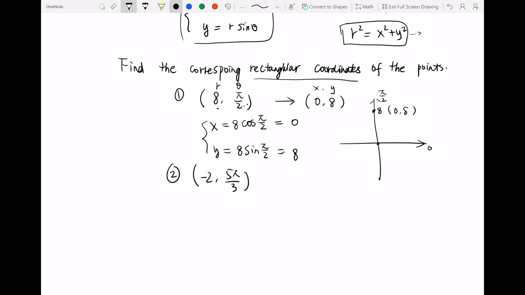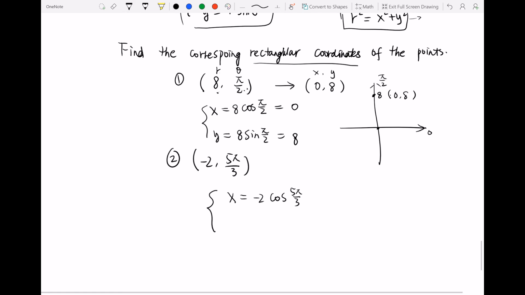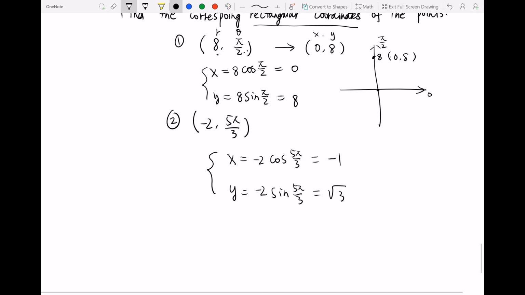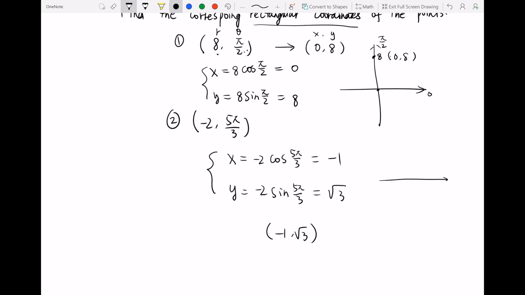Okay. So next one, I'm going to call another student here. Jasper, could you please tell me what you got for this? Perfect. Okay, so this is -1, square root of 3. Very good. So you go -2, 5 pi over 3.